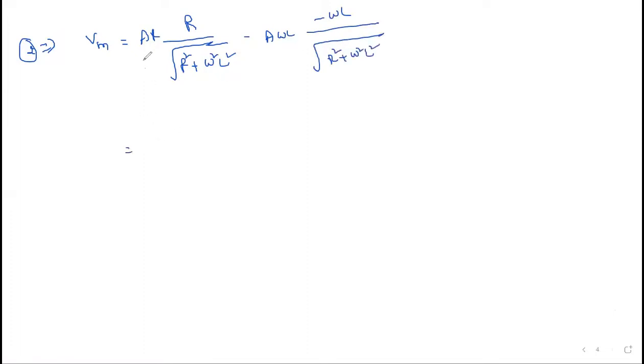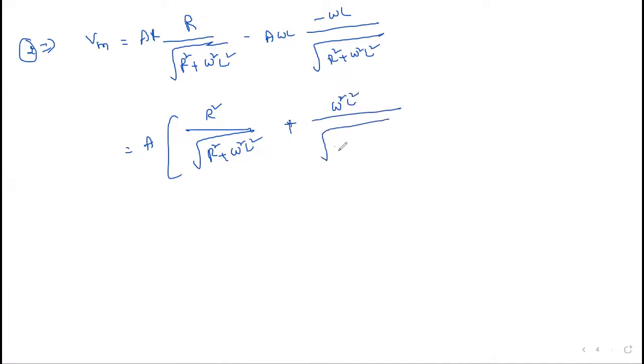Now this is equal to, from both of this I have common A. So take common A. And remaining is R into R will become R square divided by root of R square plus omega square L square minus, see, minus omega L times minus omega L gives plus omega square L square, divided by root of R square plus omega square L square. If you take the LCM, both are same. So I can combine the numerators. So what can I write?